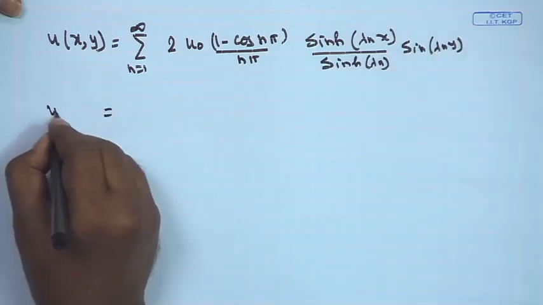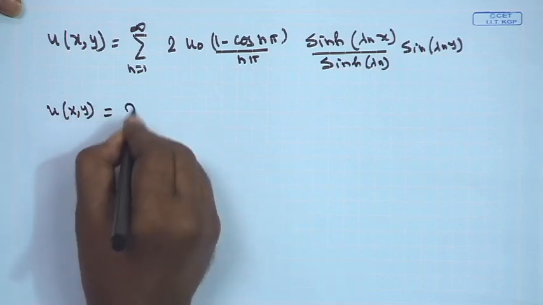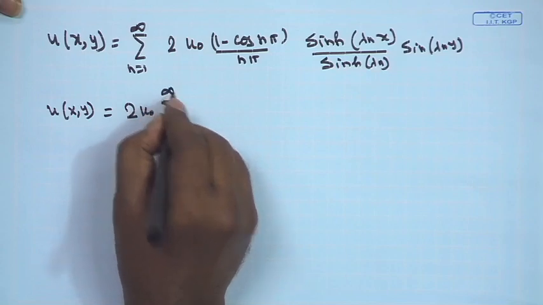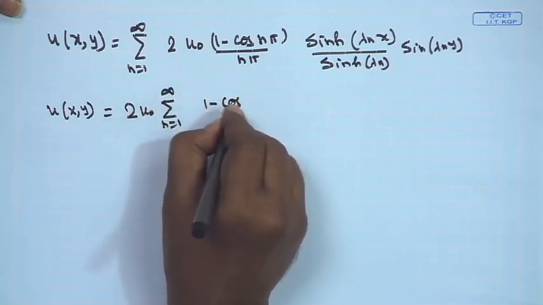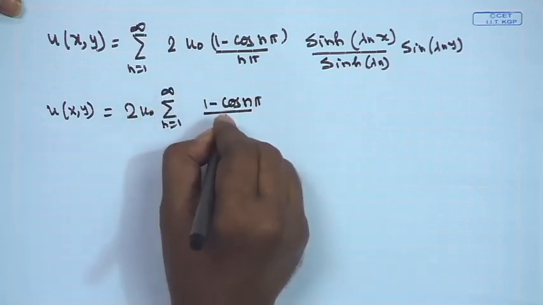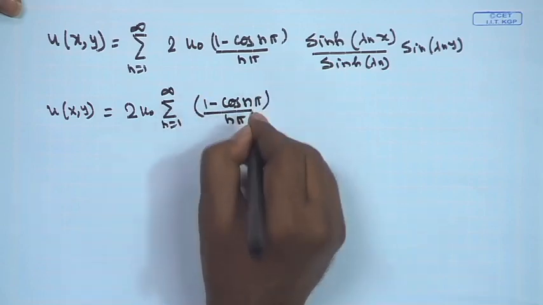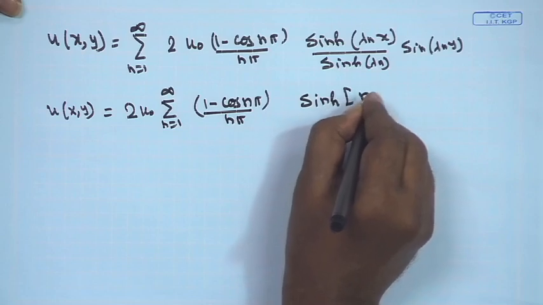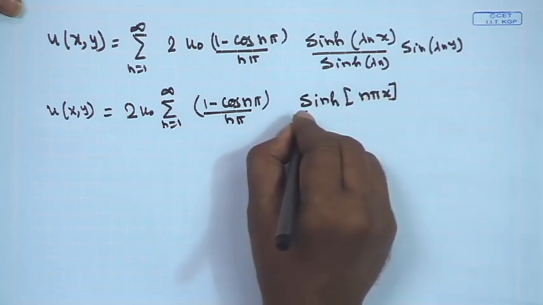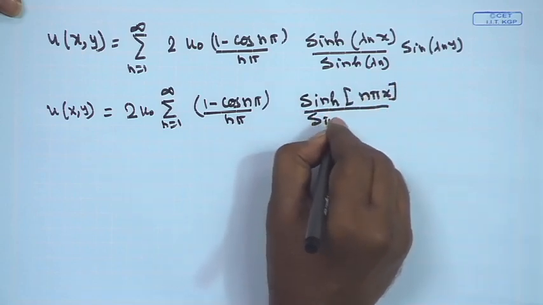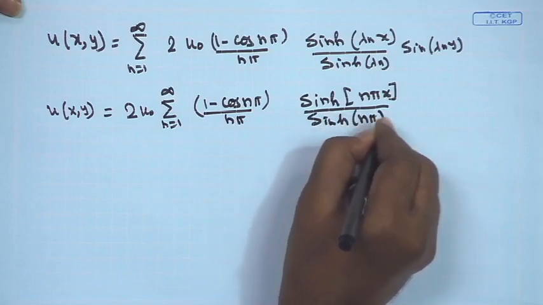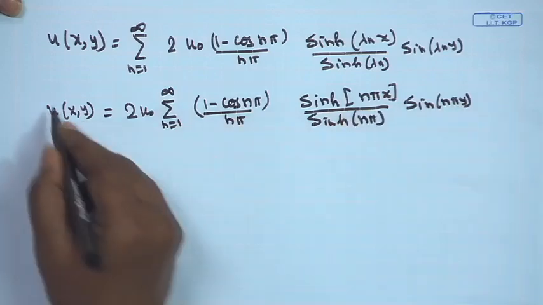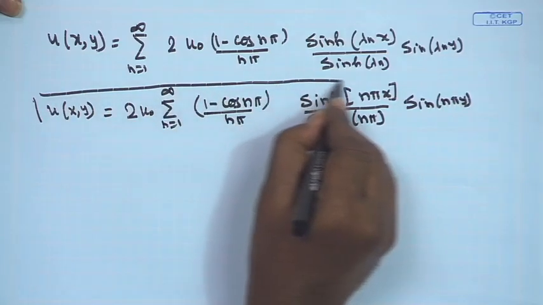So, it will be 2 u naught, summation n is equal to 1 to infinity, 1 minus cosine n pi divided by n pi, times sinh n pi x divided by sinh n pi, times sin n pi y. That will be giving you the complete solution.